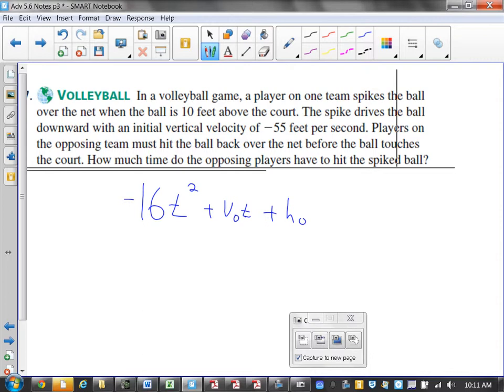You have to fill in the blanks though. When I fill in the blanks on that, what do I get for my initial velocity? -55, because it's telling you it's negative. And what's the initial height? 10. So, -16 t squared plus, minus 55 t plus 10. Set it equal to 0 and solve for t.